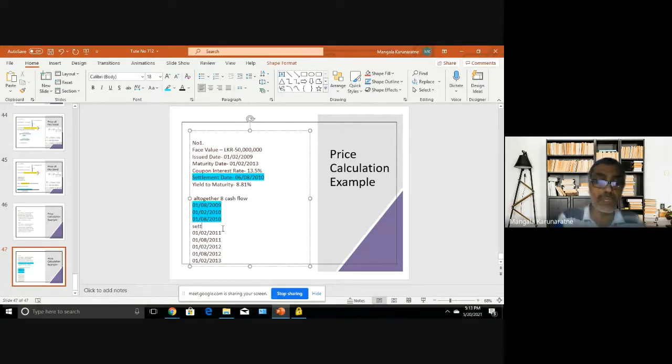You can say the settlement date was 6/8/2010.